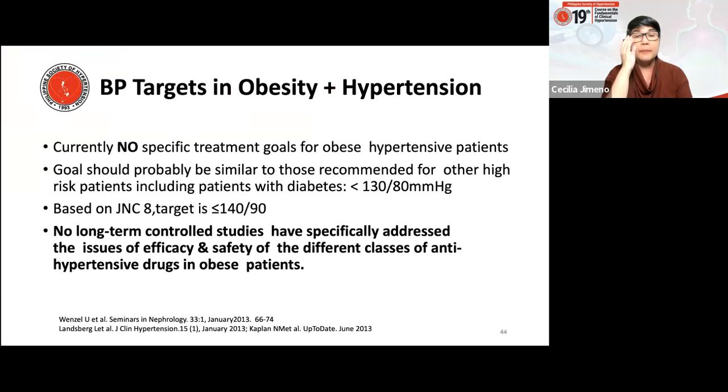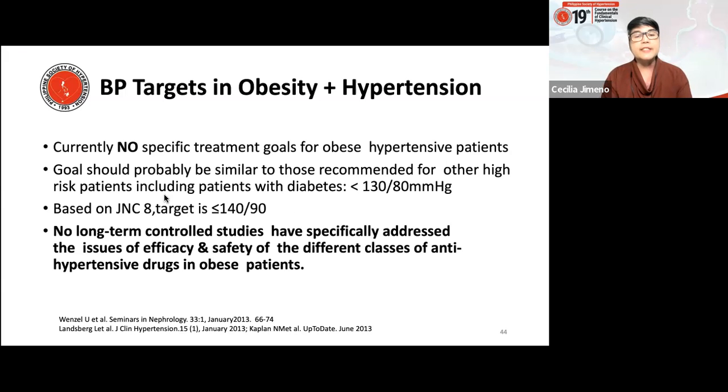Now, how about the BP targets in obesity and hypertension? Currently, there are no specific treatment goals for obese hypertensive patients. And so the goal is probably similar to those that we recommend for other high-risk groups, including patients with diabetes. That's less than 130/80.